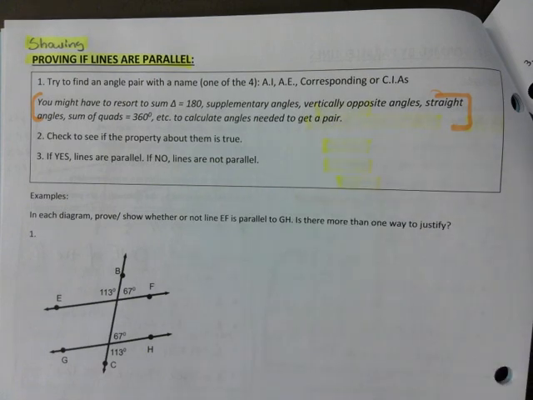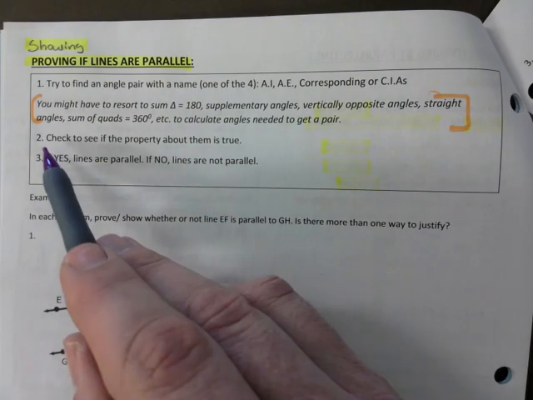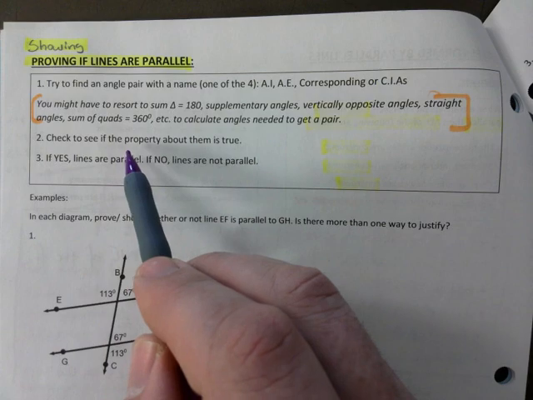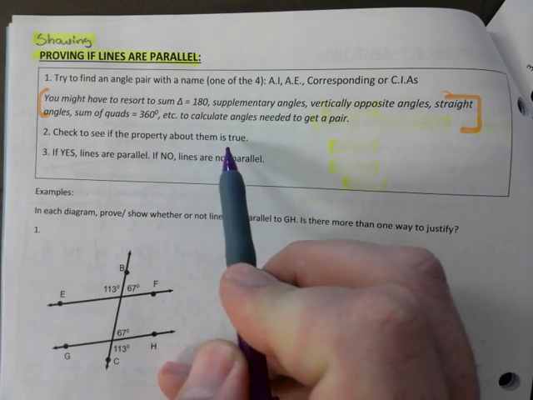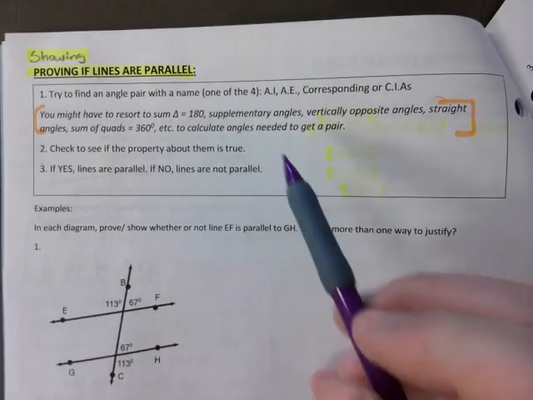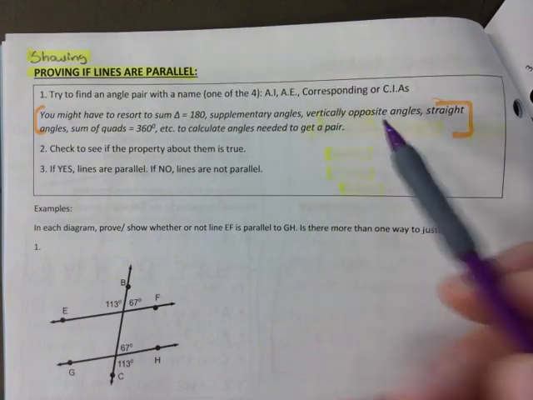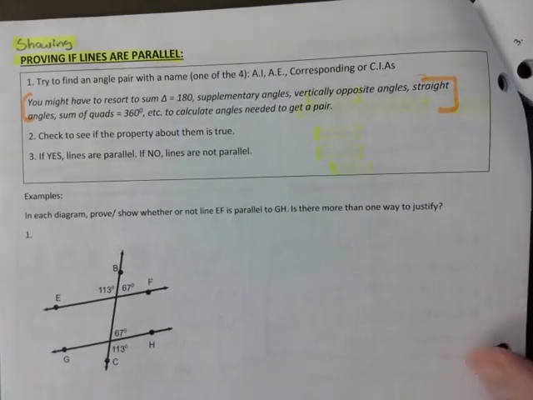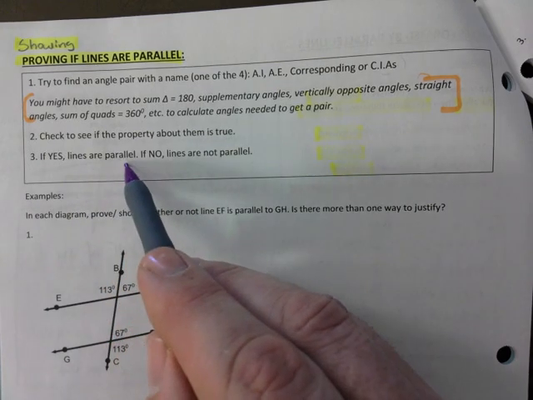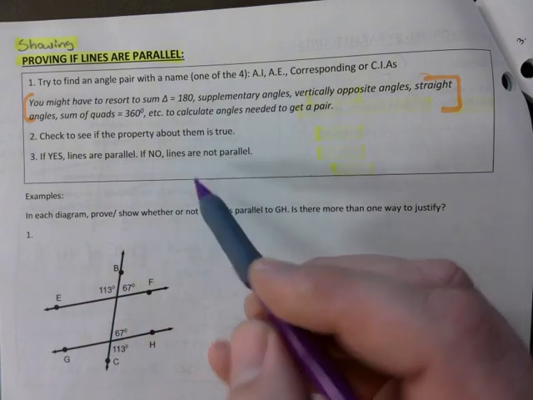You might have to do some work around it to start finding numbers. And then the second step is check to see if the property about them is true. So obviously the first three have to be congruent, and the last one you have to see that they're adding up to 180. If yes, lines are parallel. If no, lines are not parallel.